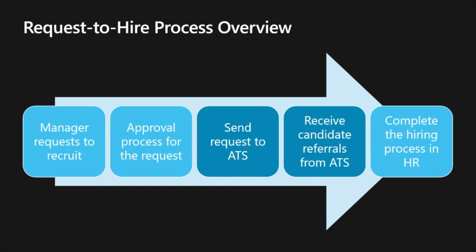Finally, you complete that candidate hiring process directly in Dynamics 365 Human Resources without the need to manually enter the data in again. If you aren't using a separate recruiting application, you can also manually manage recruiting requests and candidates in human resources.